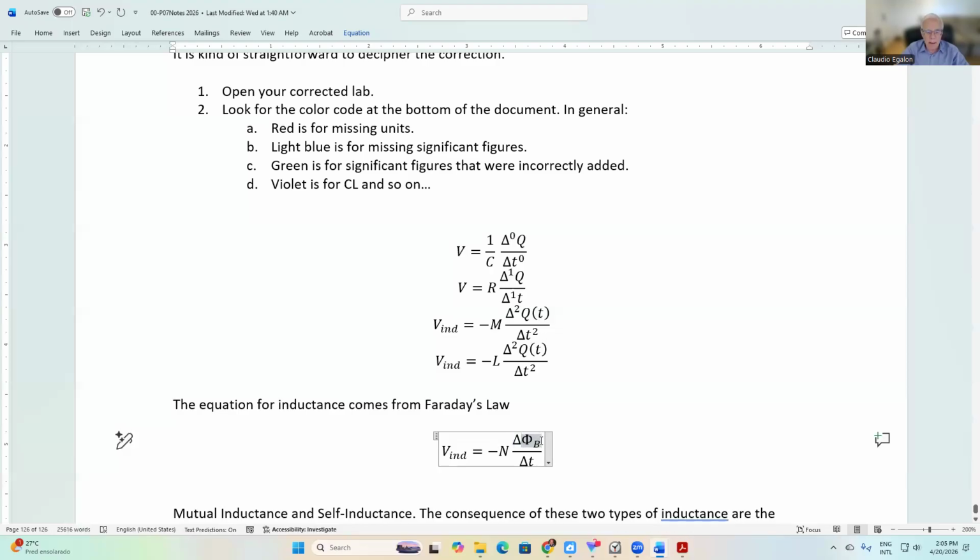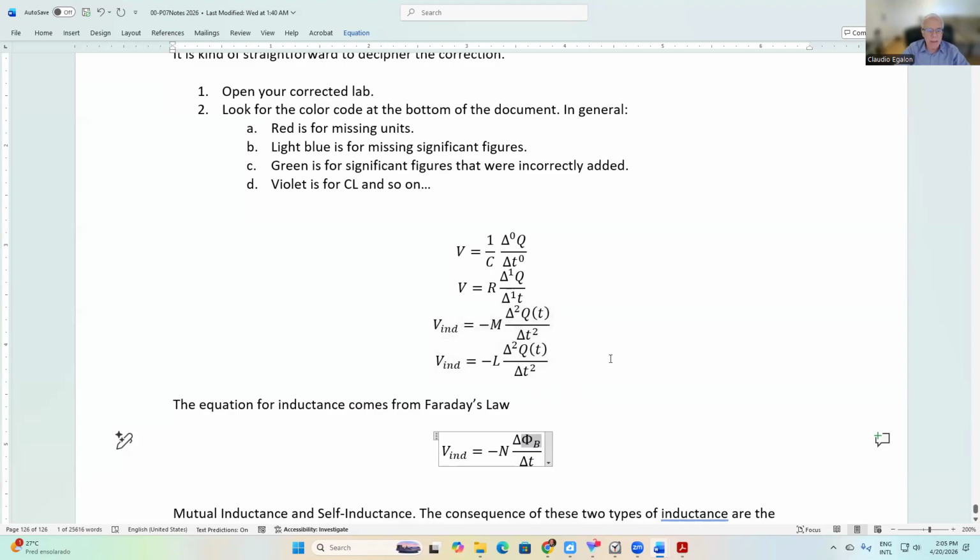Because my phi has a magnetic field, and the magnetic field is directly proportional to the current, that's why we end up with a delta I over delta T here. It's the same as delta I over delta T.